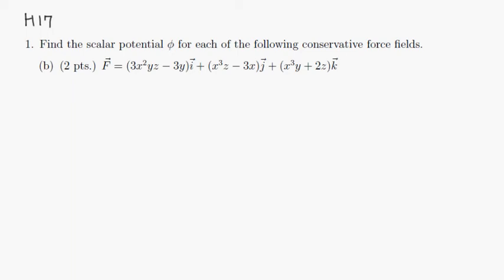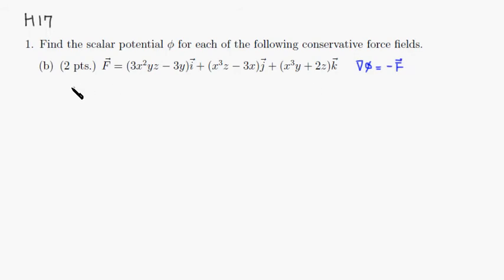Alright, let's look at homework 17, problem number 1, part B. We want to find the scalar potential such that the gradient of phi is equal to the negative of the conservative field.